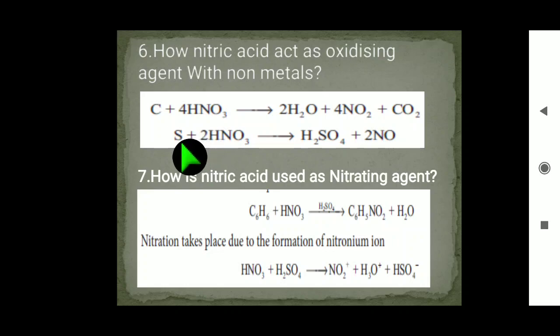Another equation, sulfur reacts with nitric acid, sulfuric acid and nitric oxide will form. Here sulfur oxidation state 0, but in sulfuric acid oxidation state +6.